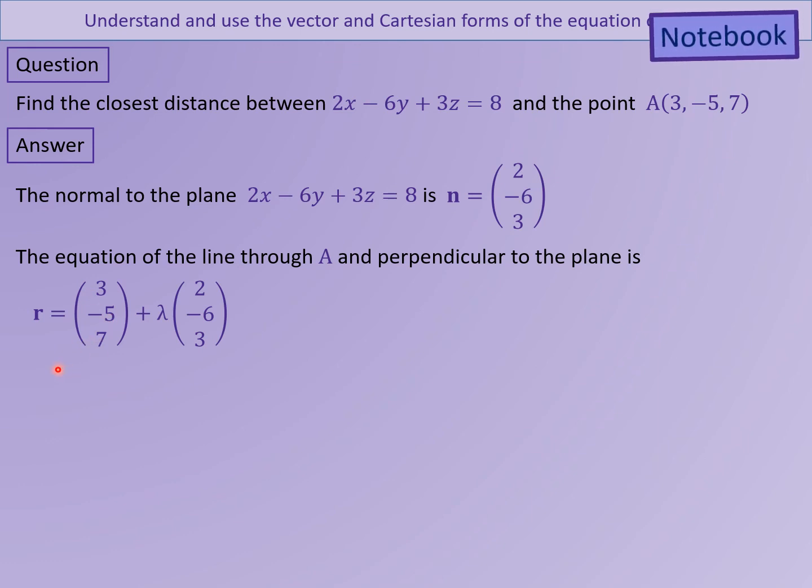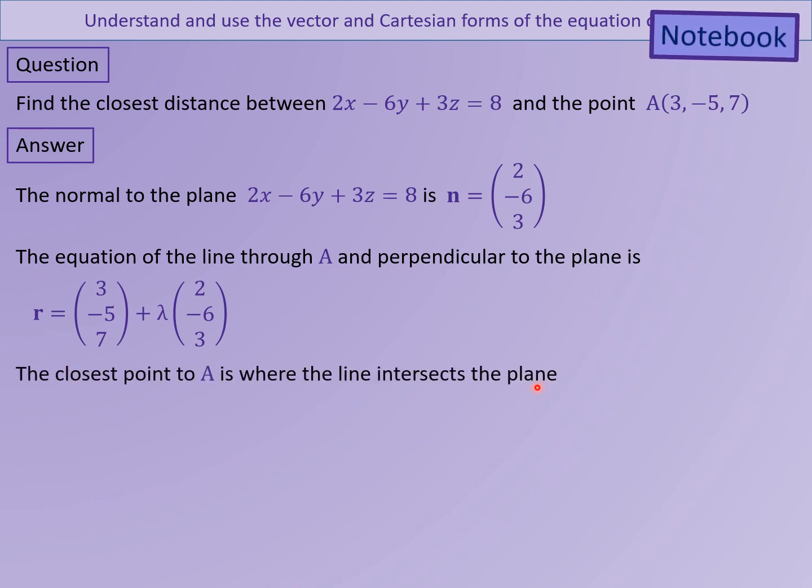Now what I need to do is figure out where the closest point on the plane is. But the closest point on the plane is where the two lambda values will be the same. So I can work out the closest point by finding where the intercept is. Just to double check you're happy with this bit, x equals 3 plus 2 lambda, y equals minus 5 minus 6 lambda, and z is 7 plus 3 lambda. And I've substituted them into that top equation.